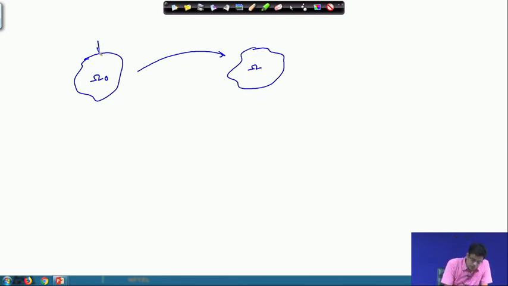Here some load is given, some force is given, some boundary condition is given, and something is given to resist the motion at some point. So, this body deforms finally to a current configuration, with the action of this traction force.